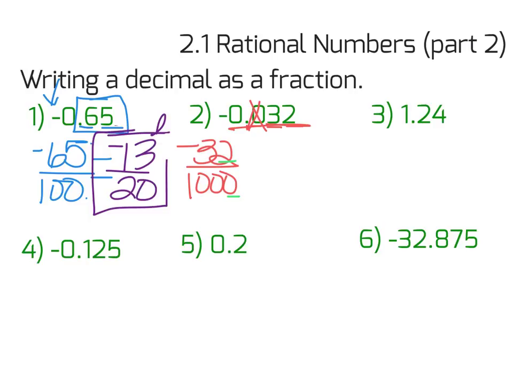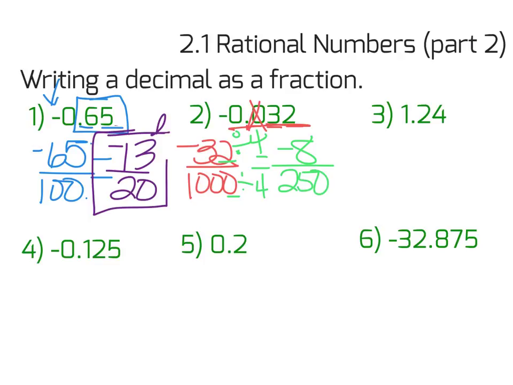But since I have a lot of experience, I know that I can divide them both by 4, okay? So we go ahead and we do negative 32 divided by 4, negative 8, and then we do 1,000 divided by 4, 250.